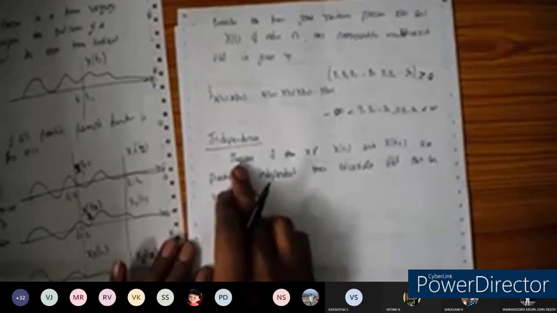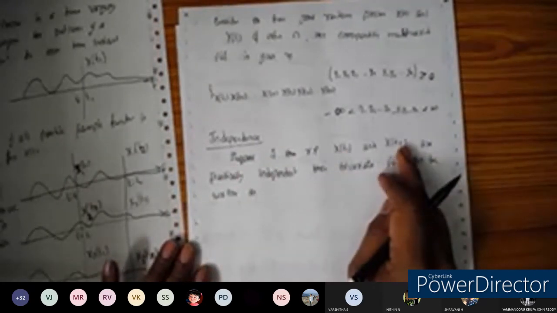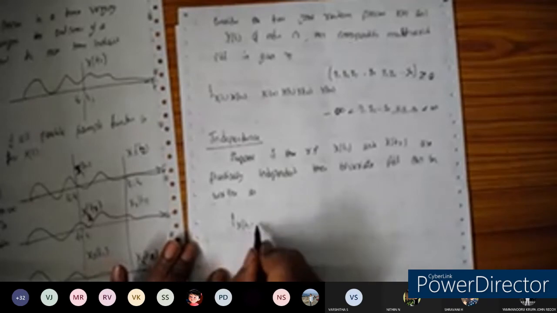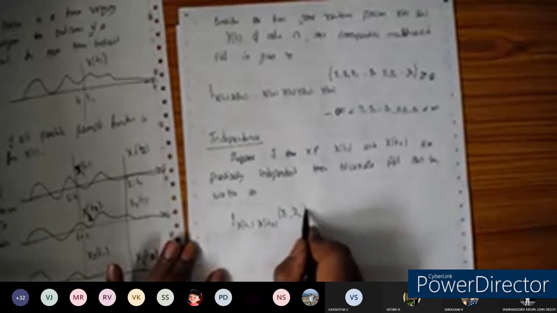Okay. So suppose you are going to consider x of t1 and x of t2, so these are random processes which are statistically independent. Then we can write like this. This is a joint random process we have defined, f of x of t1, x of t2 at x1 comma x2.